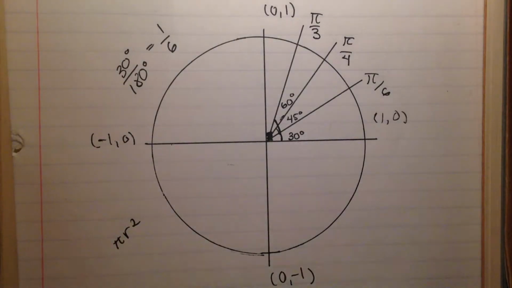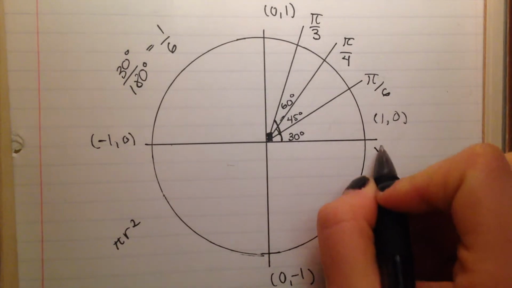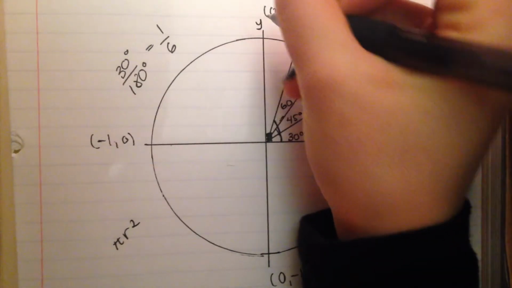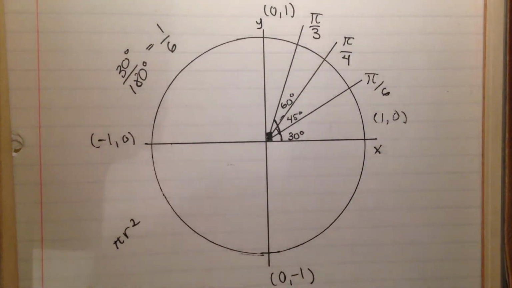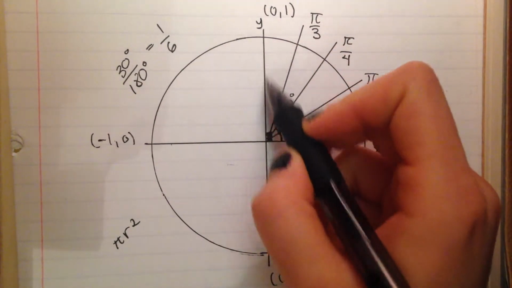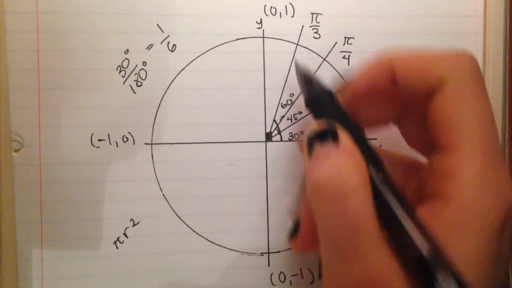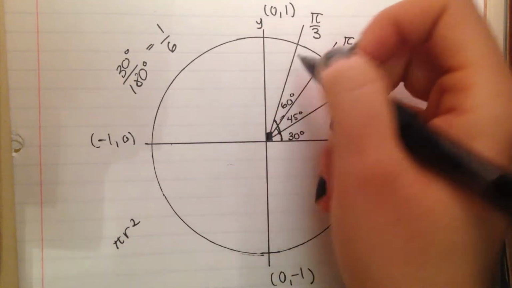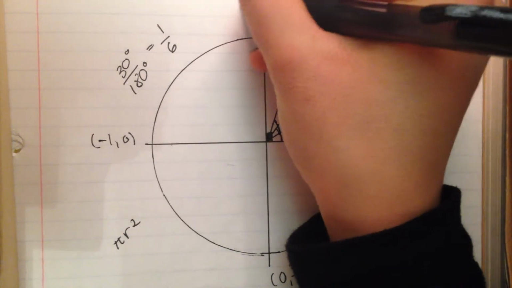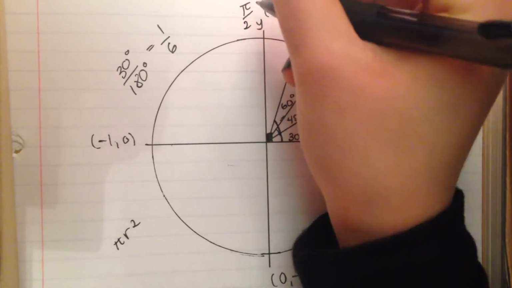And I'm just going to put my little x, my little y here. And so on. I'm guessing you would know the trick by now. This is 90 degrees, obviously, and 90 over 180 is half of pi. So it's pi over 2.